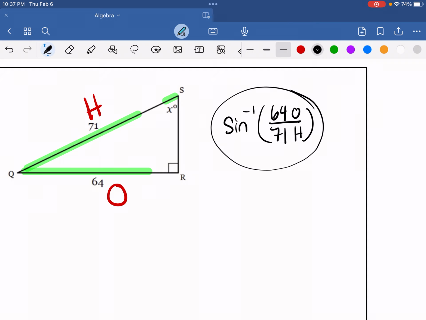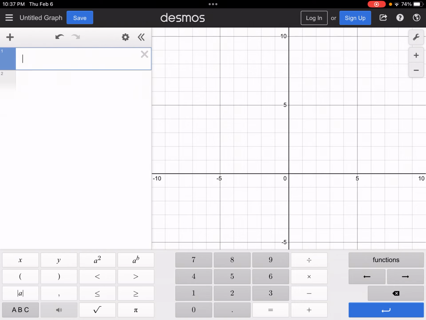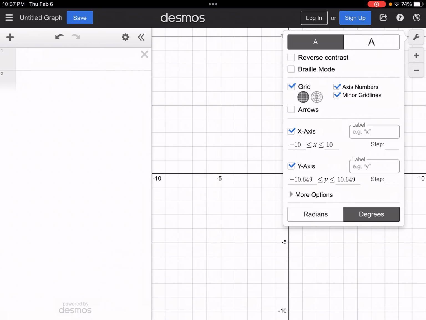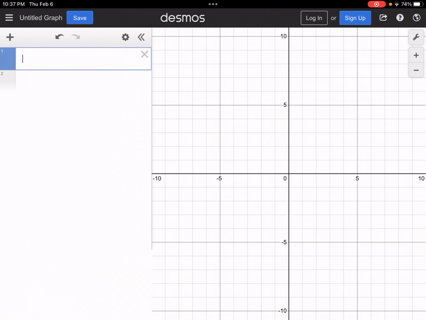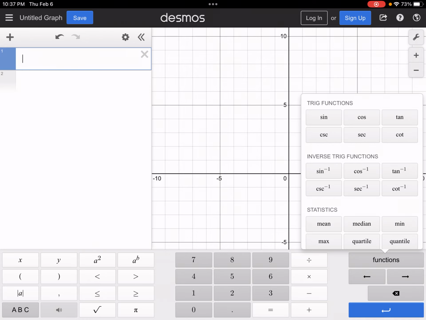When you type that into the calculator, it's going to give you the degree. So we're going to go to decimals. If you guys are typing it on your keyboard, make sure that you're using degrees at home. And then you can type with your fingers, SIN. For the little -1 to go up, you press Shift 6 on your keyboard and then put a -1, then come back down. For here, you could also click the button functions, and it's where it says inverse, with the -1.